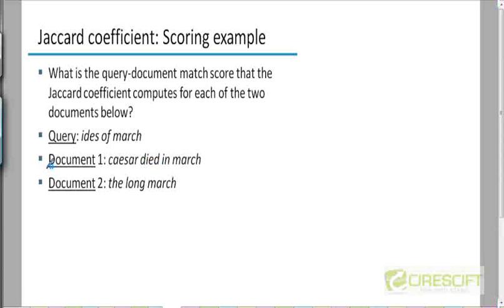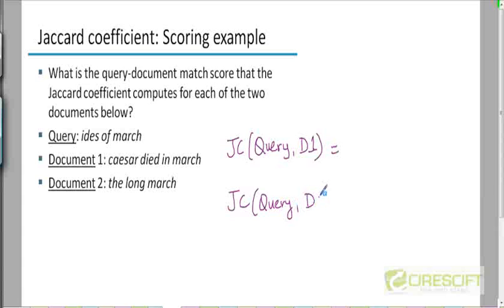Document 1 says Caesar died in March. Document 2 just says the Long March. So how do we compute the Jaccard coefficient between the query and each document? What's the value of these two Jaccard coefficients?